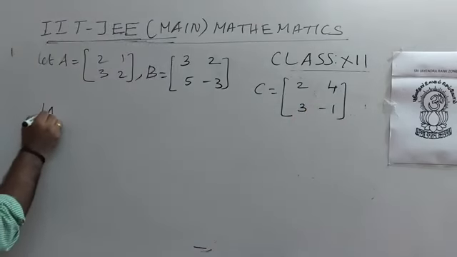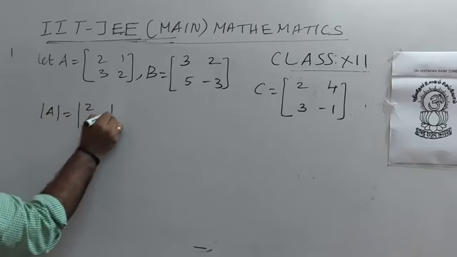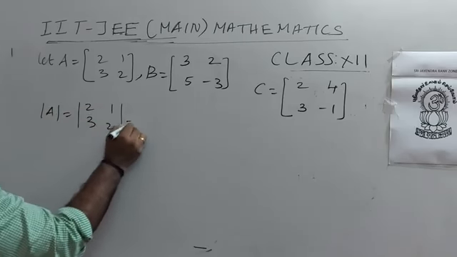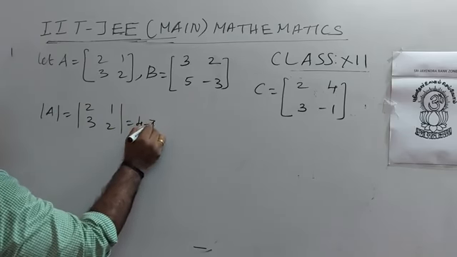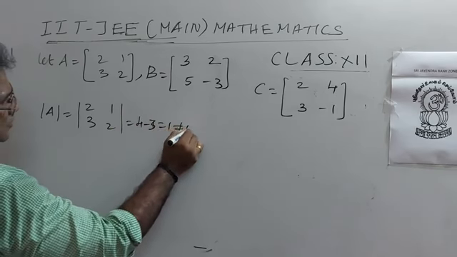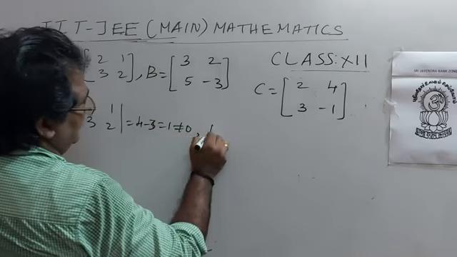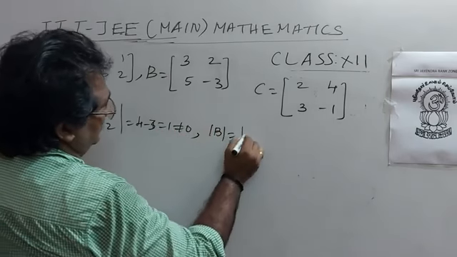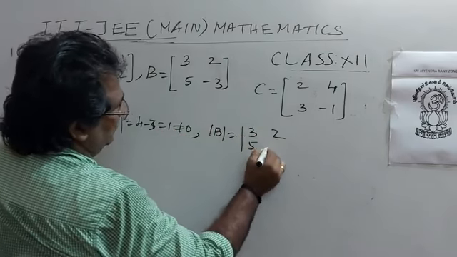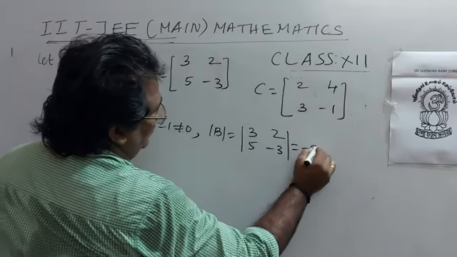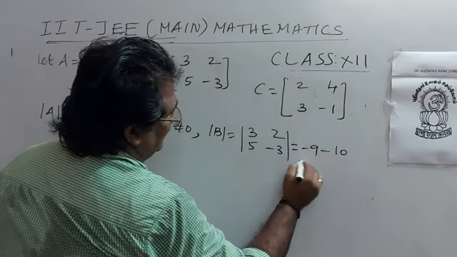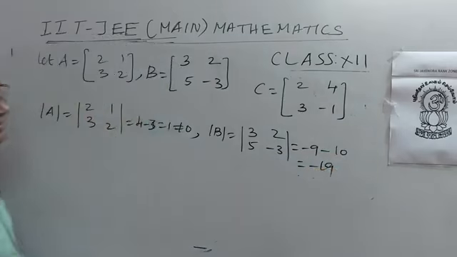First find determinant of A: 4 minus 3 is 1, which is not equal to 0. Like that, determinant of B: minus 9 minus 10, that is minus 19. So both are not equal to 0. Therefore both matrices are invertible, that means the inverse exists.